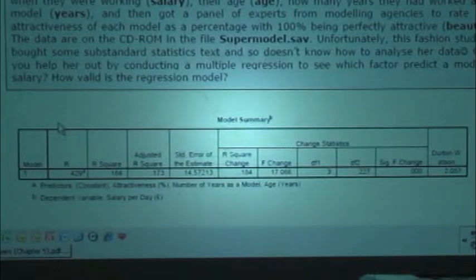And he actually goes through and shows you the formula for the shrinkage. Adjusted R squared, 0.159. Where did we get that from?